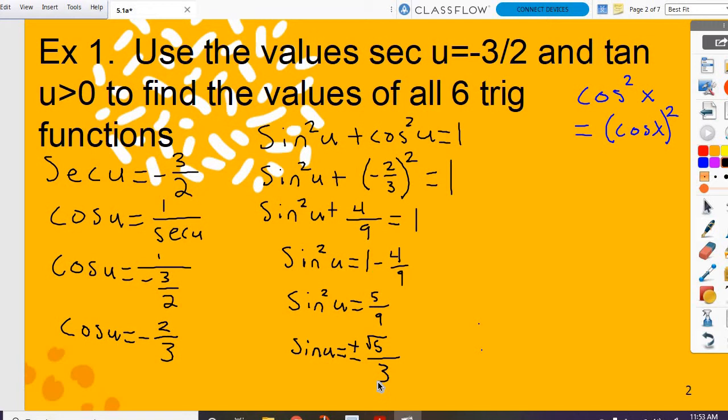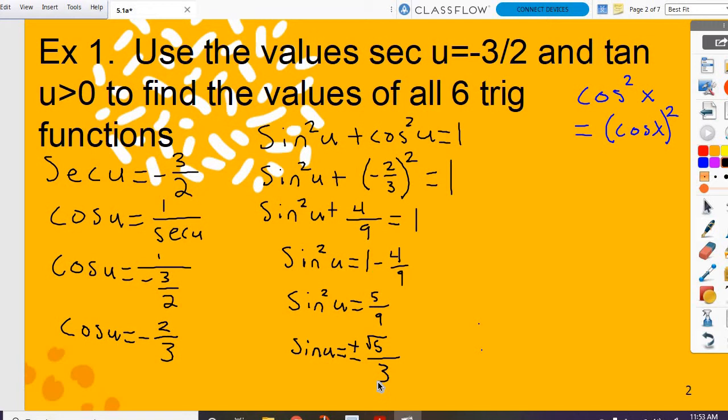But now, when we're looking at a problem, we're not going to have 2 answers. We have 2 possible answers, but now we need to choose which one of those it is. And that's where that additional information comes in handy. So notice that they told us, or we know that secant is negative, right? But they also told us that tangent is positive.